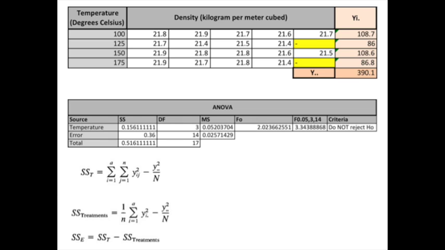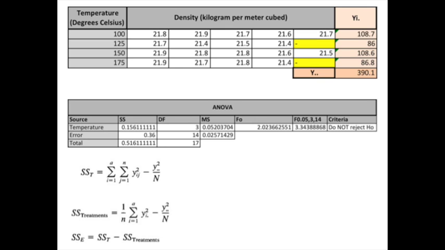Then we must use the F test. We know from the instructions that we must use 5% as alpha, so therefore we must use the F of 0.05, 3, which is the degrees of freedom of the temperature, and 14, which is the degrees of freedom of the error.